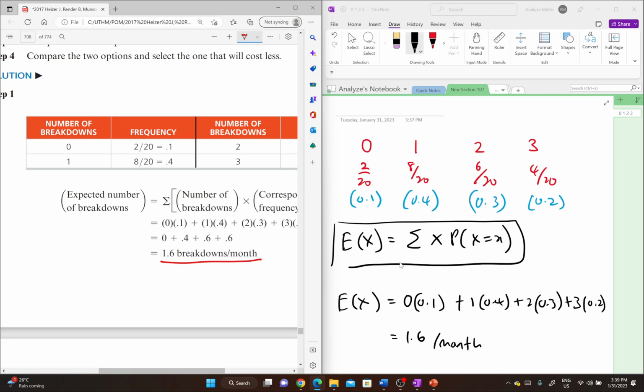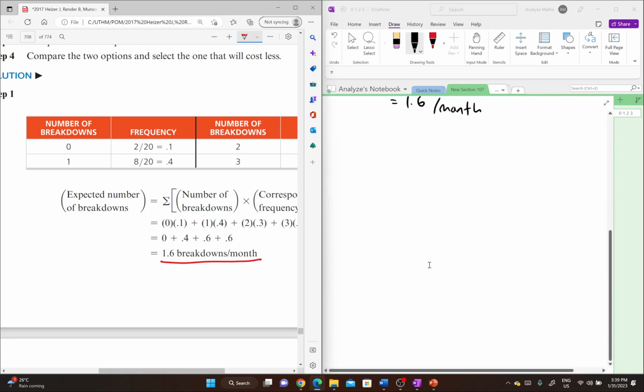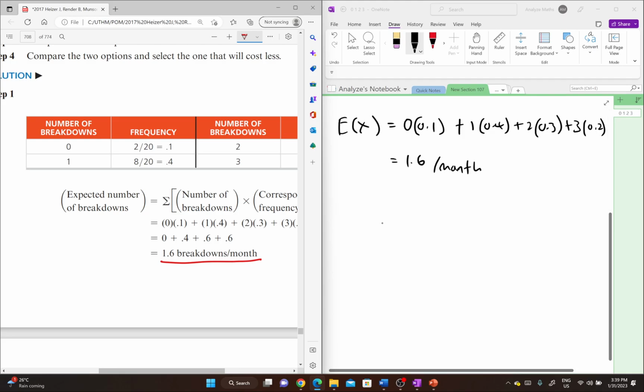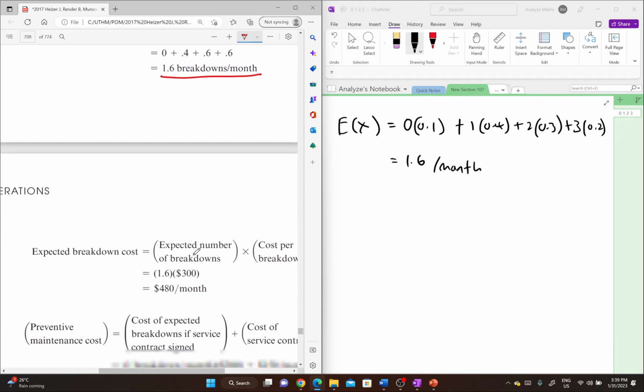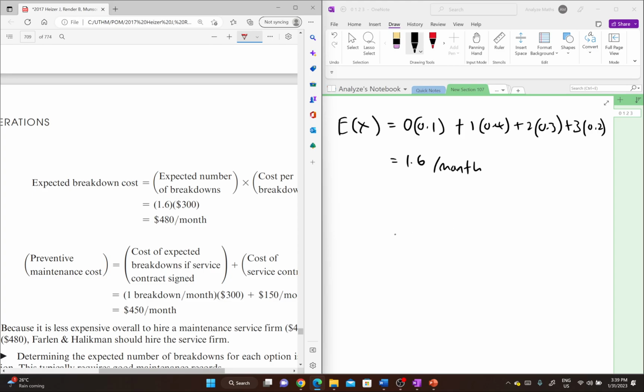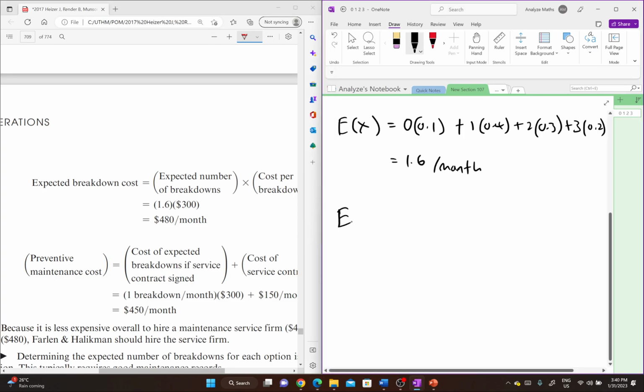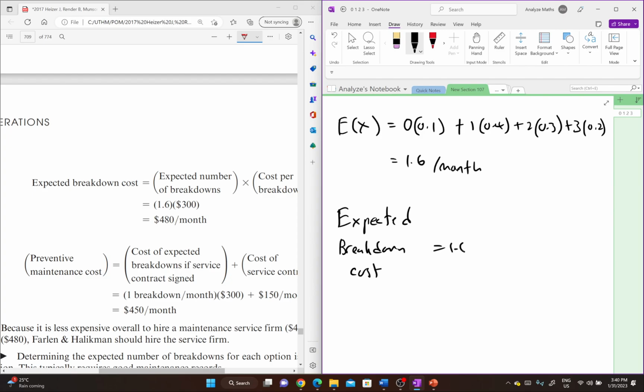Now if 1.6 breakdowns are happening, each time a breakdown happens, how much does it cost? 300. So the expected breakdown cost is the 1.6 multiplied by 300, and you will get 480 per month.